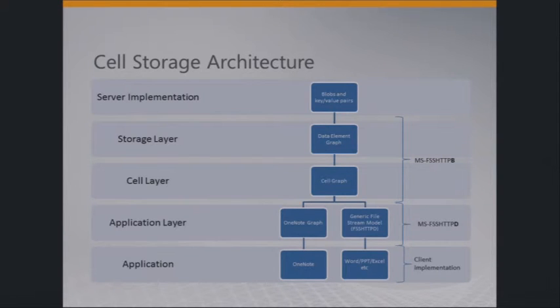Then the two intermediate layers here: the FSSHTTP defines this thing called the data element graph that we're going to dig into, and another layer builds on top of that that defines a lot of the relationships between parts of the file in terms of how they can change. And then the FSSHTTPD document defines how we then use that to represent a file.